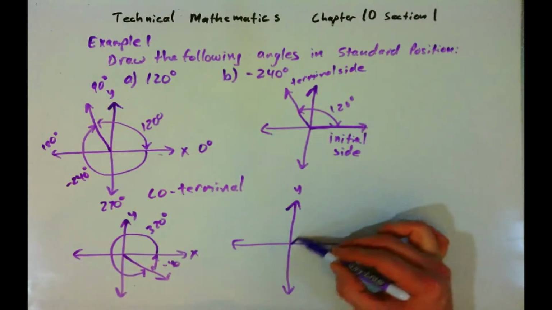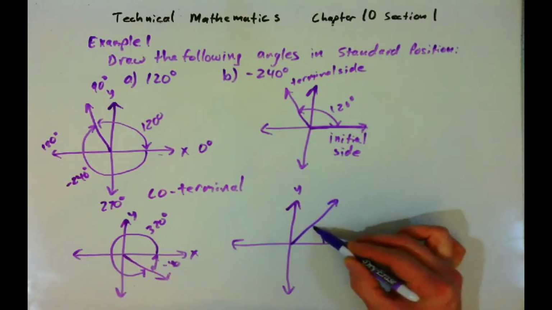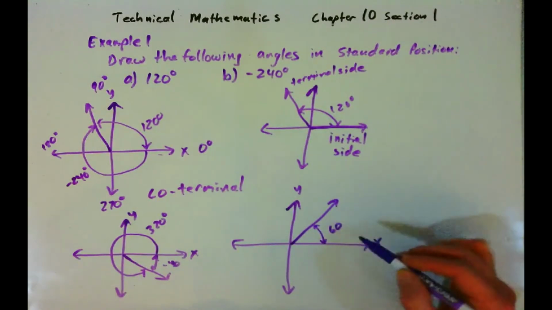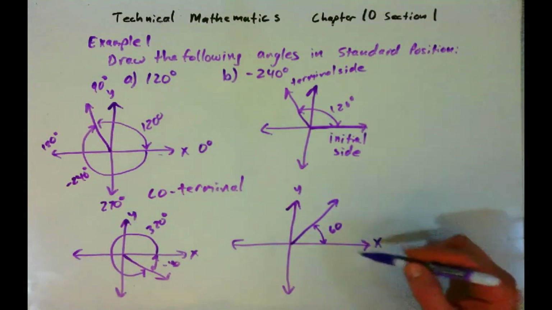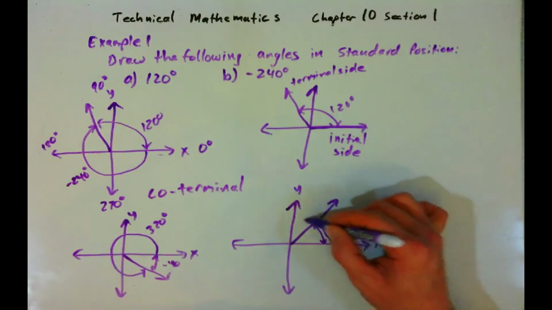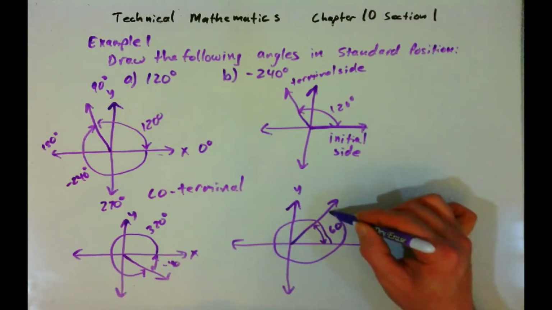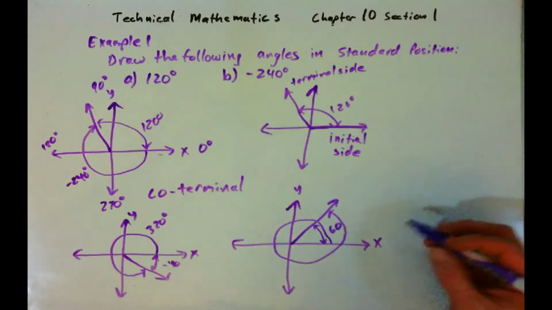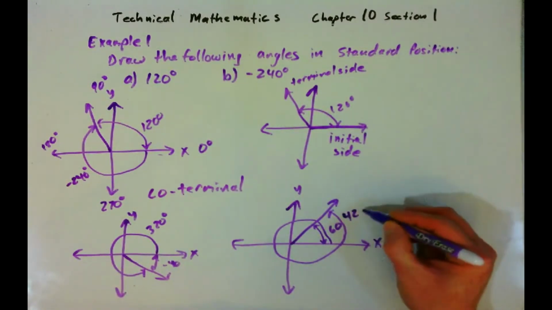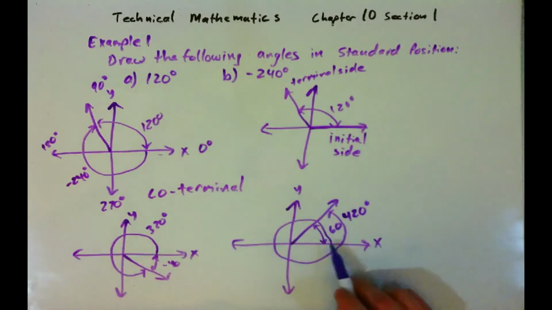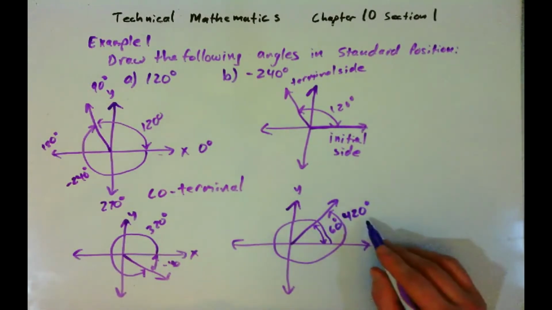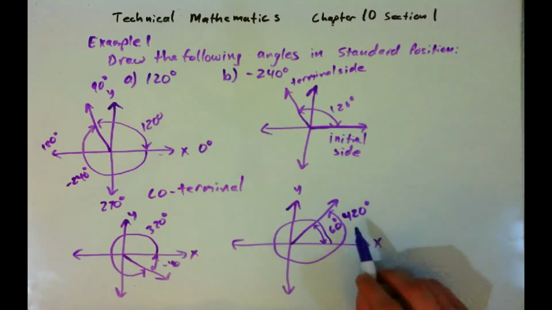So let's say 60 degrees and let's say 420 degrees, which is one complete rotation, which is 360, plus another 60 degrees would take us to 420 degrees. And so 60 degrees and 420 degrees, they are also coterminal.